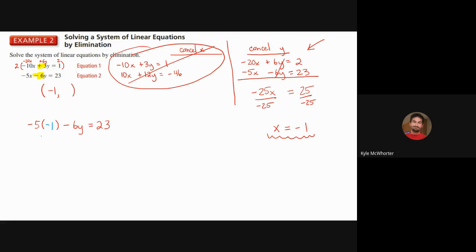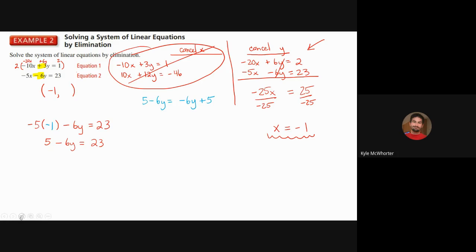So now negative 5 times negative 1 is positive 5. To get the 5 away from the 6y, you can think of this as being 5 minus 6y, but 5 minus 6y is the same thing as negative 6y plus 5.